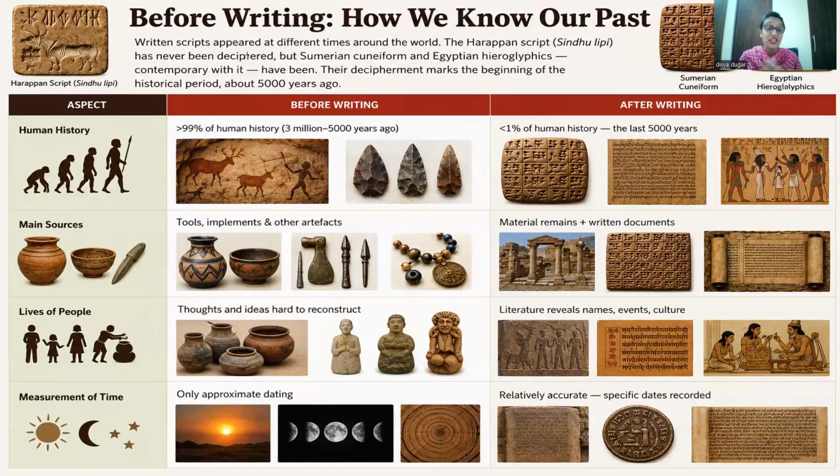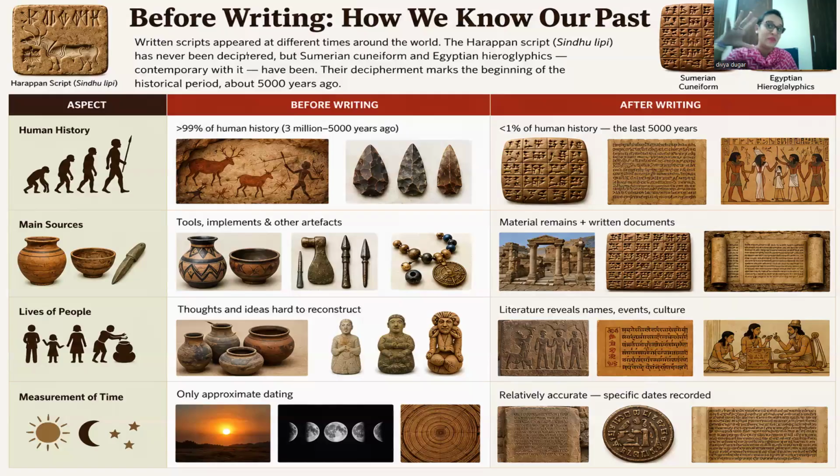When there was no writing, it was very difficult to understand the thoughts and ideas of the people. But when writing came, it became very easy to understand the thoughts of the people because we have literature and written documents. We used to know what the person is trying to tell. This is very important.